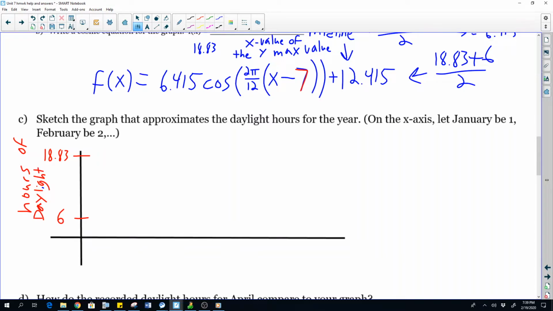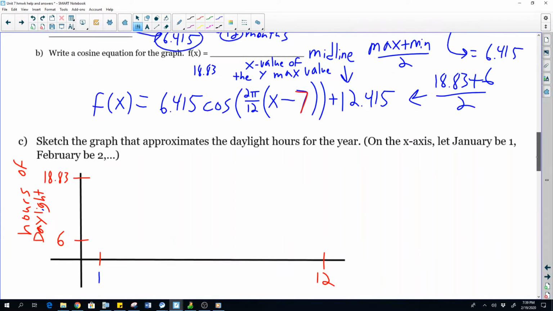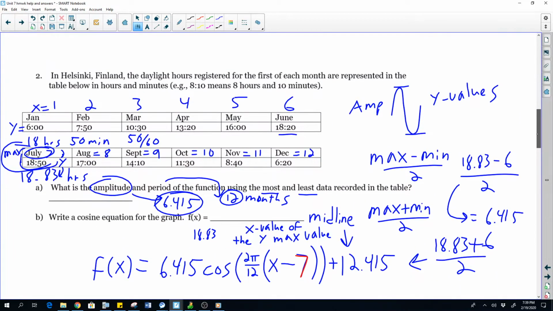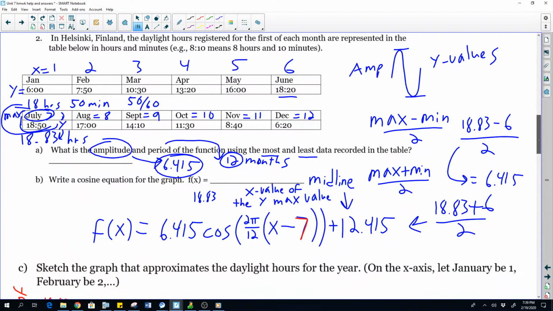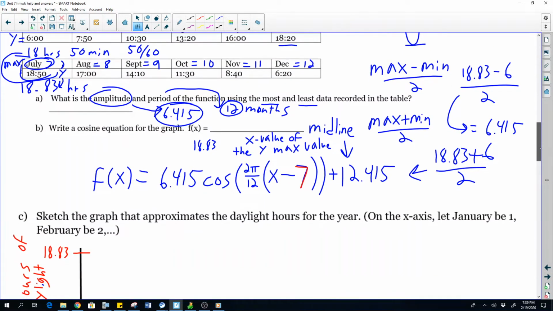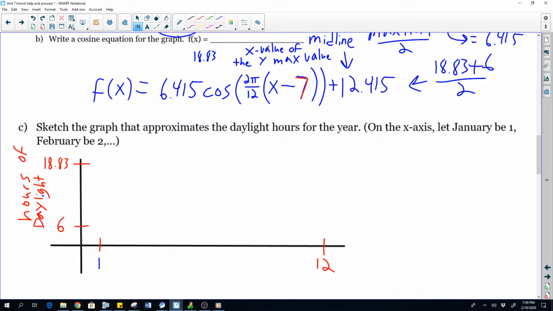Awesome. And we are starting in January. That's important to note. All the way to December, and maybe even back to January. Okay, beautiful. So our middle is going to be July. That's 7, and that's going to reach our 18.83.